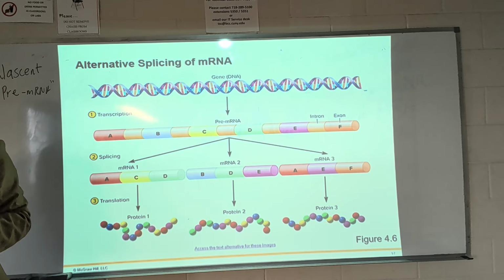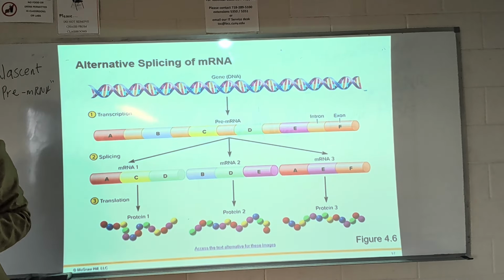The parts that we cut out are called what? Introns. Why do they call them introns? Because they get to stay in the nucleus, they don't get to go out to the ribosome. Why do we make mRNA? Do we make mRNA so we can stay in the nucleus, or so we can leave and go to the ribosome?